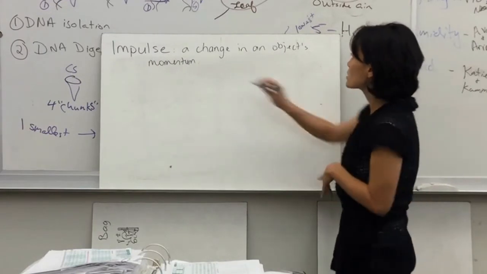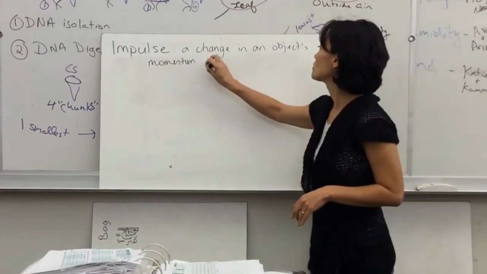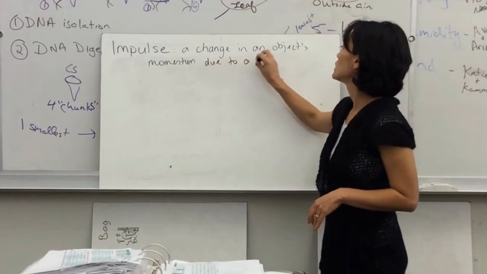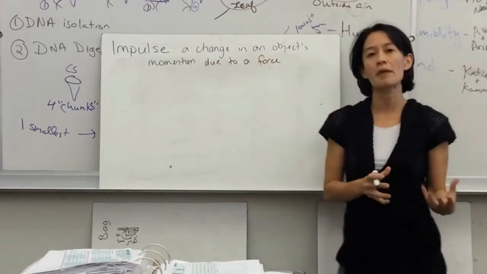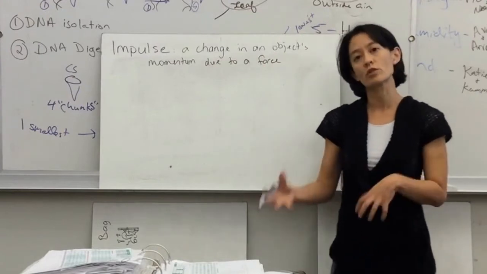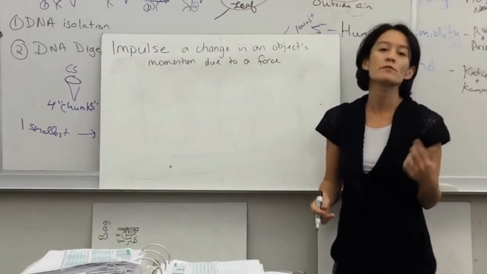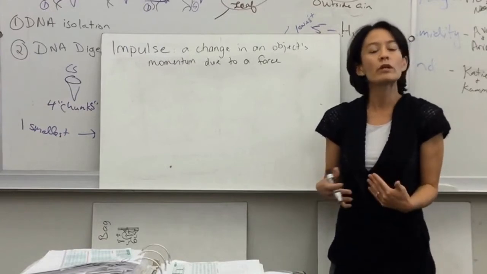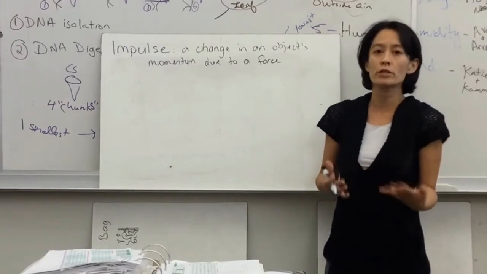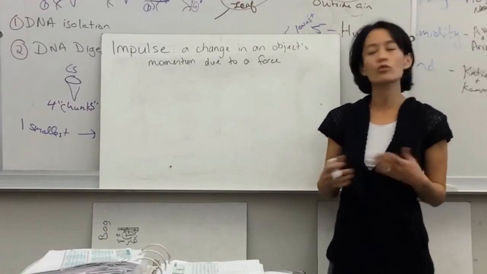It's a change in an object's momentum due to a force. That arises from the fact that we're not changing the object's mass, but we're changing the object's velocity. So if momentum is mass times velocity, an impulse comes from the fact that we change the velocity. And whenever we change the velocity, we call that an acceleration, and the causes of acceleration are forces.